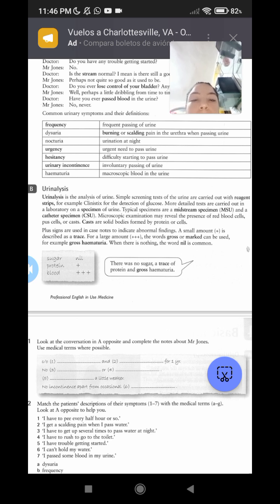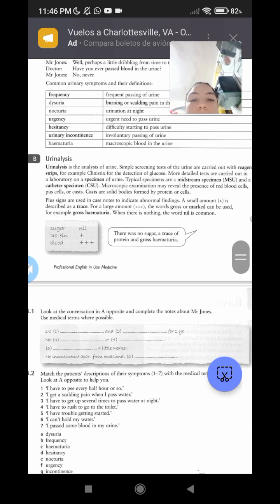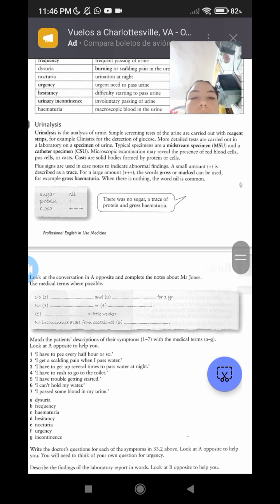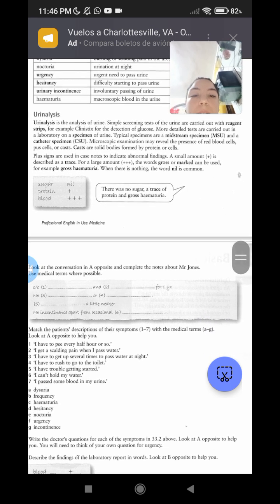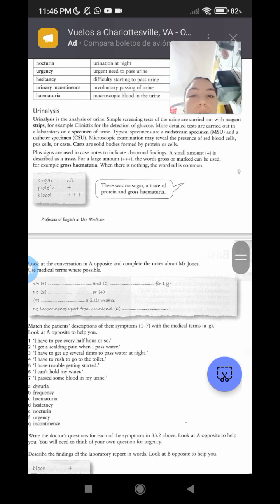Microscopic examination may reveal the presence of red blood cells, pus cells, or casts, which are solid bodies formed by protein or cells. Plus signs are used in case notes to indicate an abnormal finding. A small amount is described as trace, and a larger amount as more plus signs.